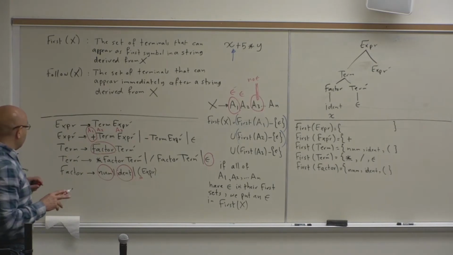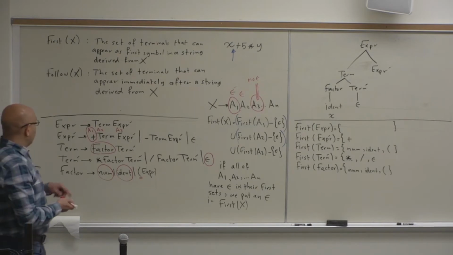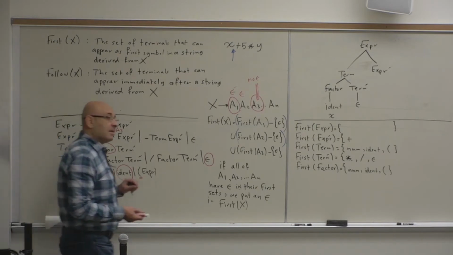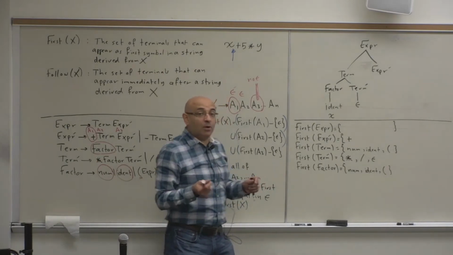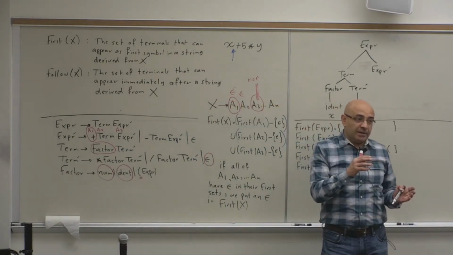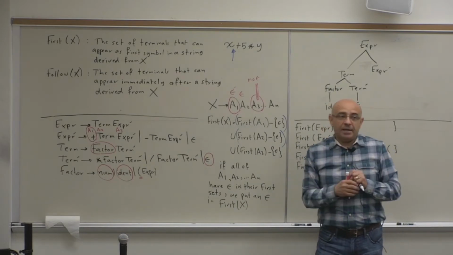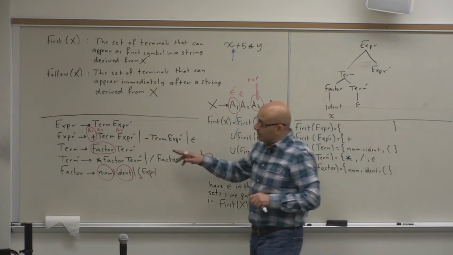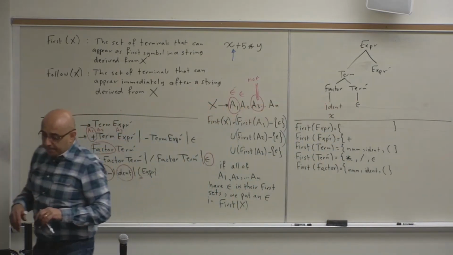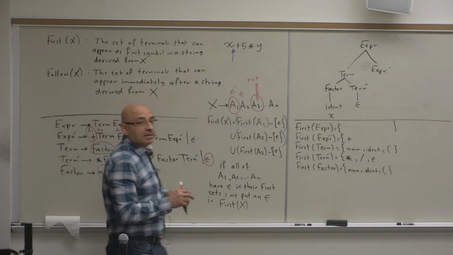And a terminal, by definition, does not have an epsilon in its first set, because a plus cannot be replaced with an epsilon. Only a variable can be replaced with an epsilon. An actual terminal cannot be replaced with an epsilon. So, the first set of a terminal is the terminal itself.